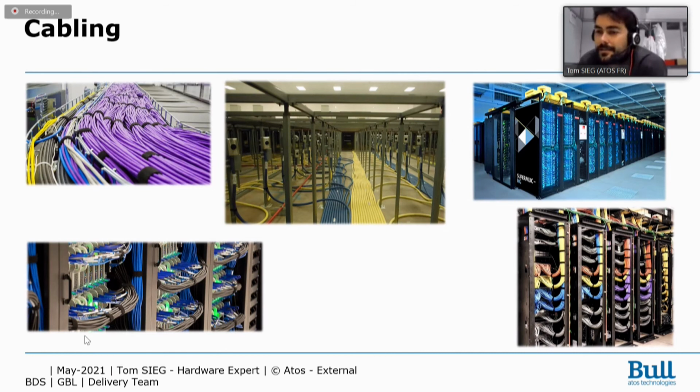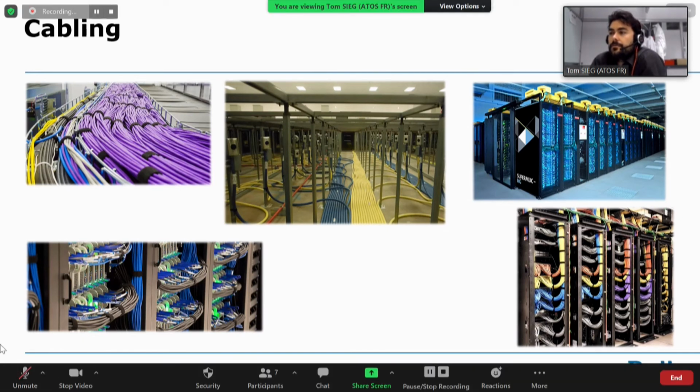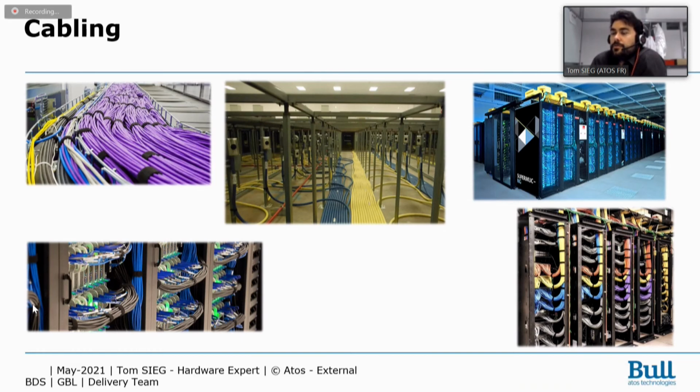On an HPC cluster, as we saw previously, you will have different kinds of components, different kinds of racks, different kinds of nodes, storage, etc. First of all, you will have the compute nodes, with different companies and different kinds of processors.